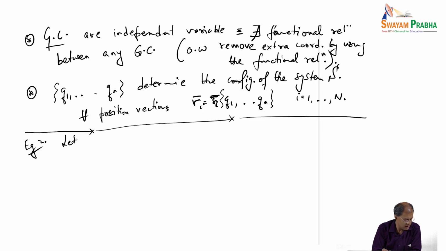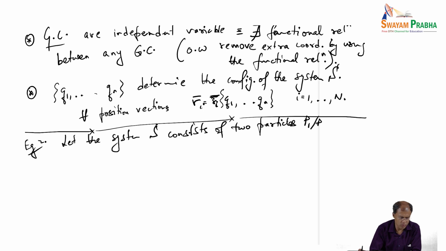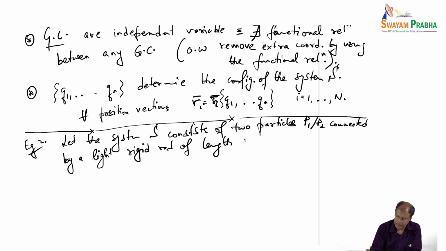Let the system S consist of two particles P1 and P2 connected by a light rigid rod of length a, right?